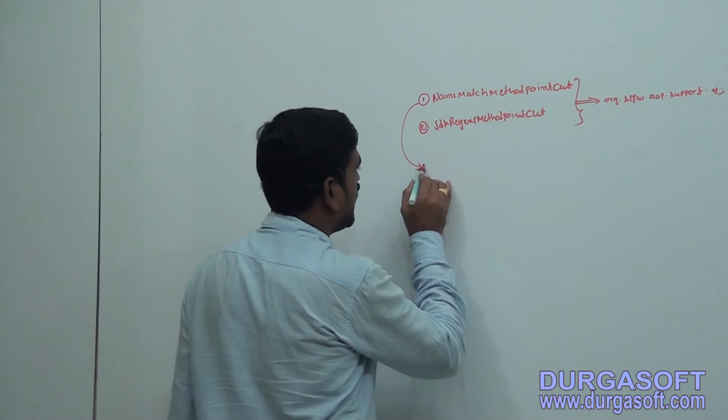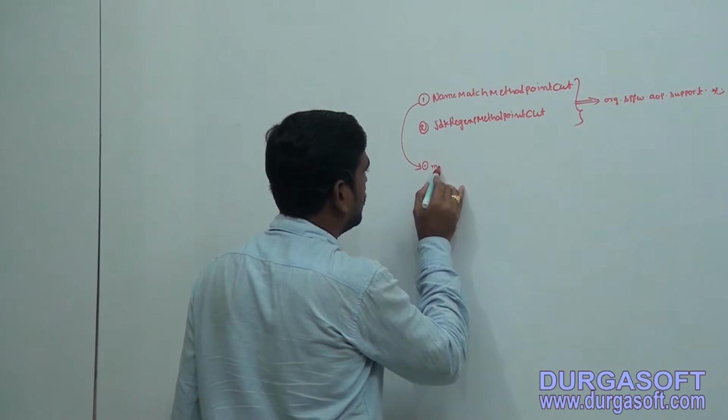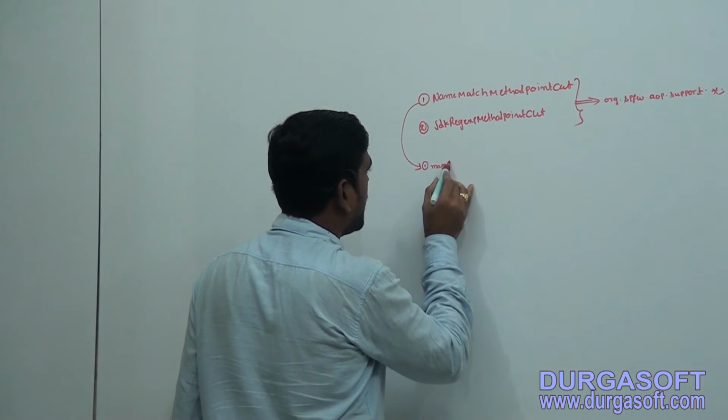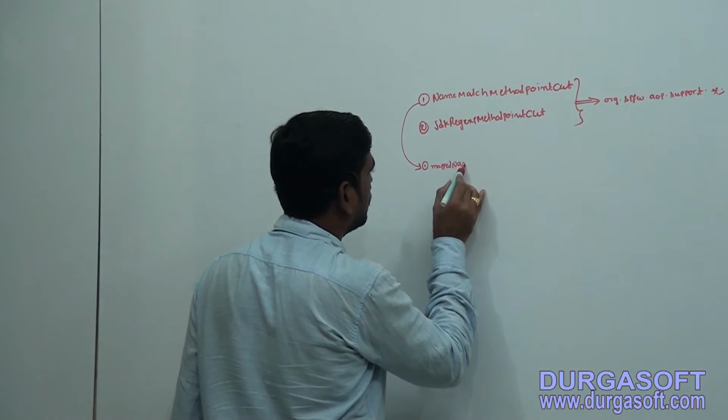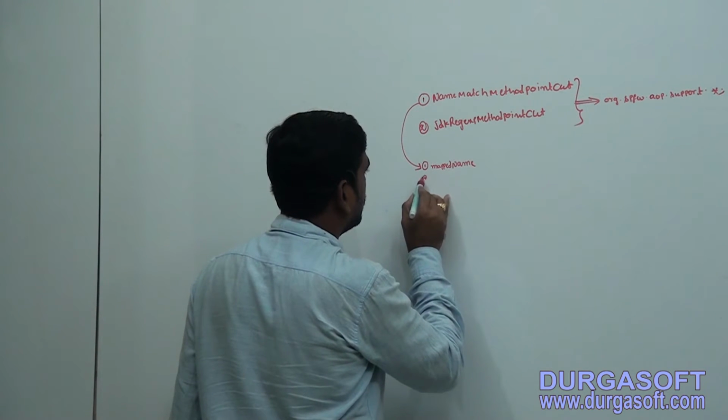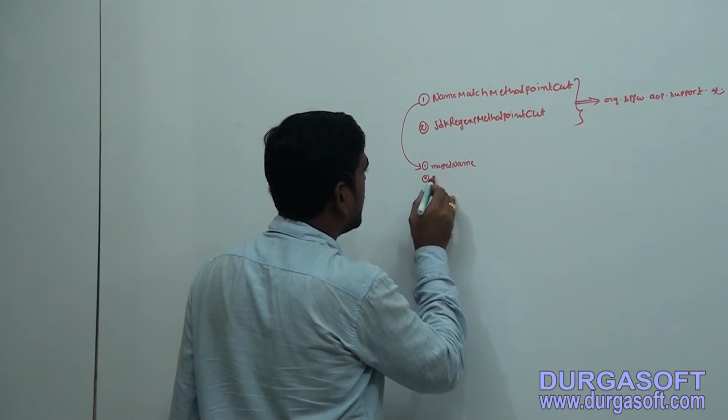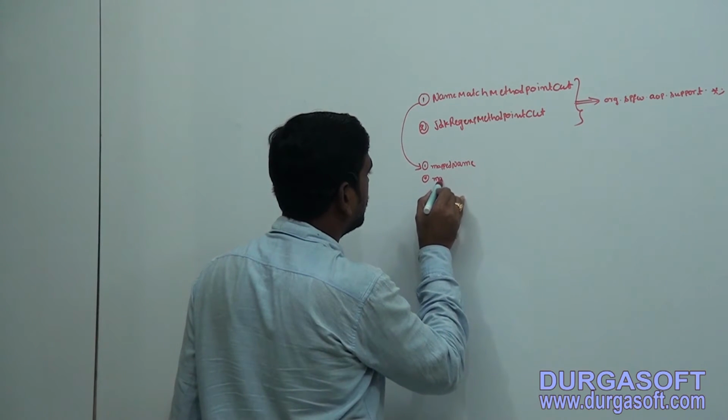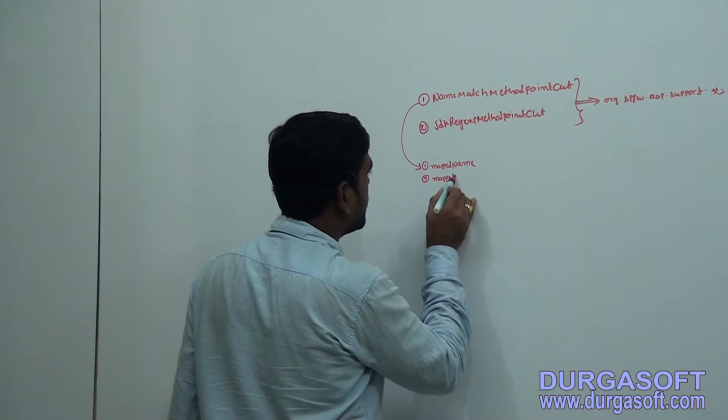What are the two properties? mappedName, and the other property, mappedNames.